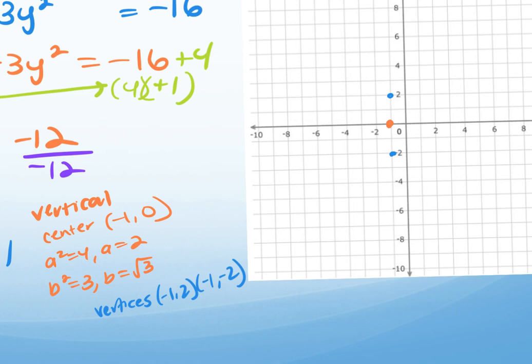Right and left square root 3, we're going to approximate to be like a 1.7. So I'm going to go to the right and to the left for my graph. But when I write it, my covertices, I'm going to keep it as square root 3. I'm changing the x. So negative 1 plus and minus square root 3, comma 0, would be my covertices.